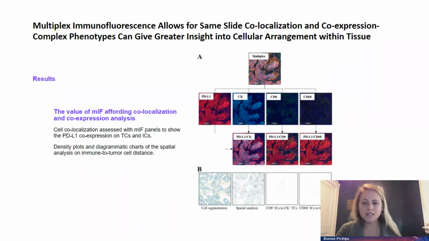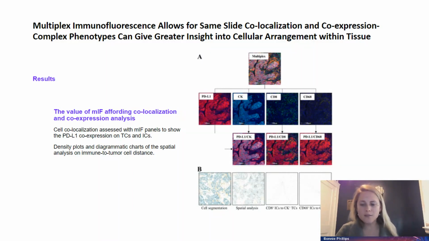So next, in this experiment, multiplex immunofluorescence really showed a much clearer view of the phenotypic complexity and cellular arrangement within a single section of non-small cell lung cancer tissue section. So the authors really talked about how with the chromogenic IHC technology, each of these markers was essentially in a separate environment where you could not perform a direct marker-to-marker comparison.